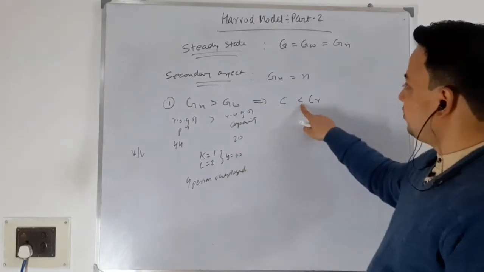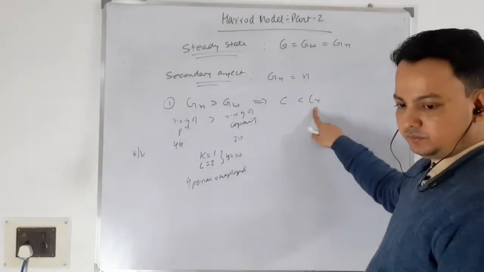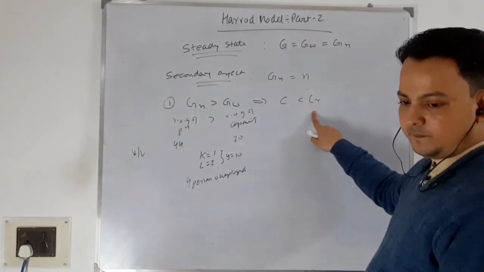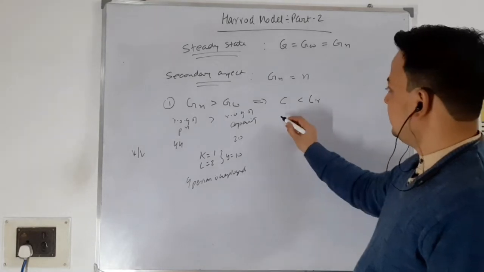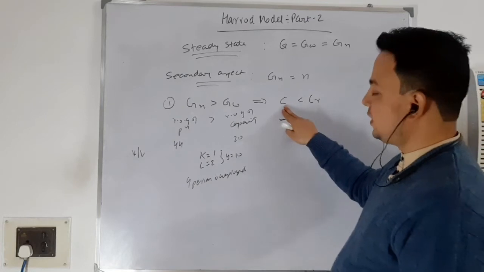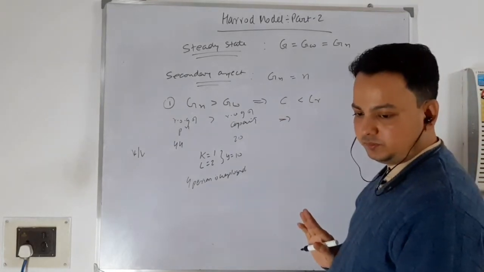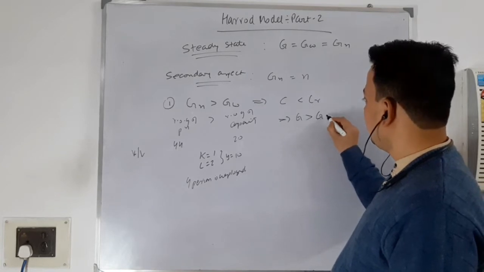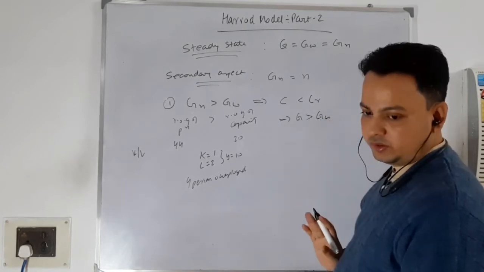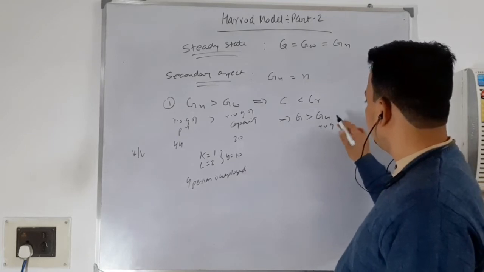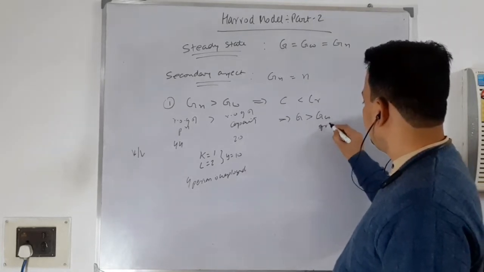So actual capital in stock is less than required capital in stock. This part is clear? This means that when actual capital in stock is less than required capital in stock, growth in aggregate demand is more than the warranted growth rate, or growth in output, growth in capacity output.